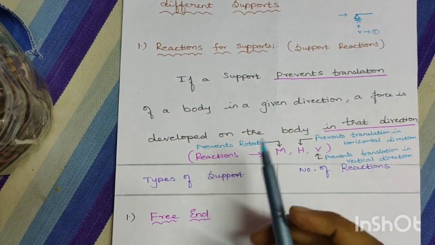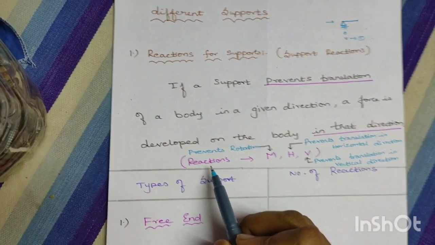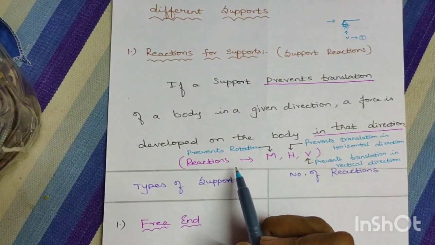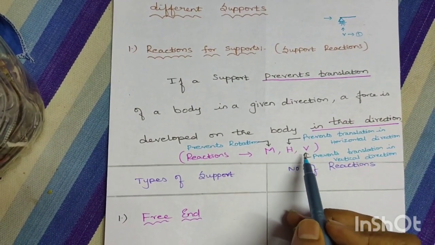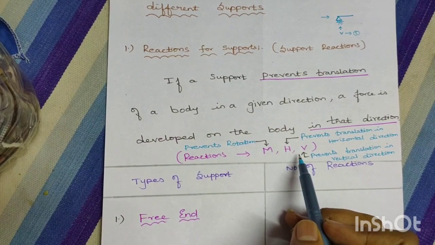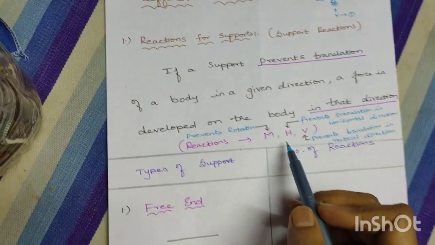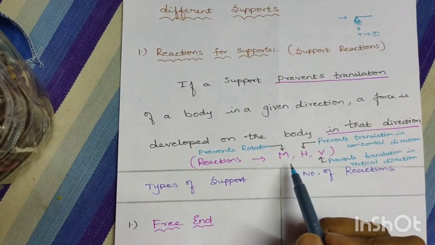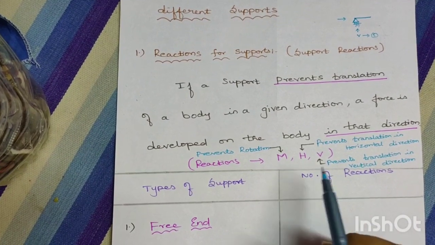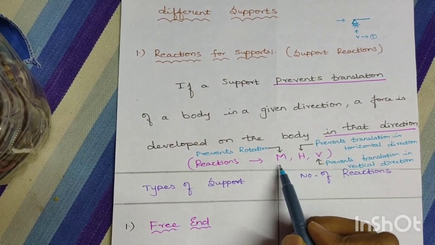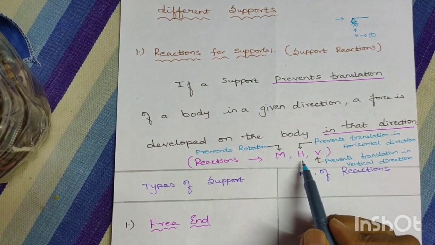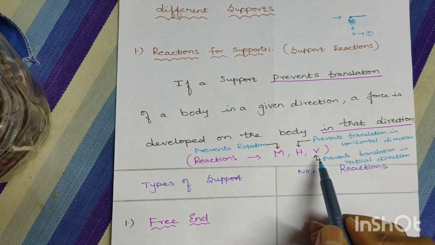Next, if we take any structure, there will be a maximum of 3 reactions if it is a 2D frame, a 2-dimensional structure. One is moment, another is horizontal, and another is vertical.